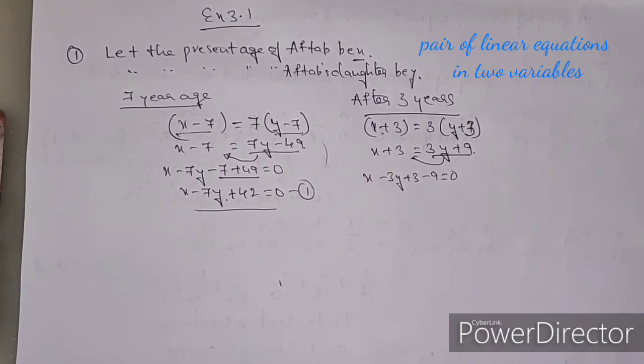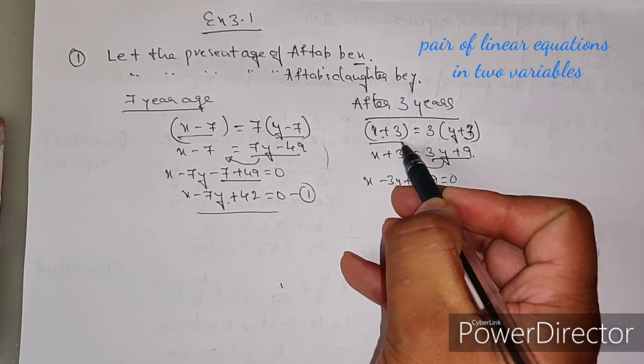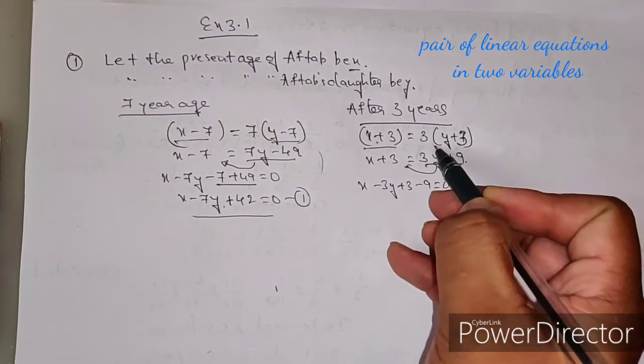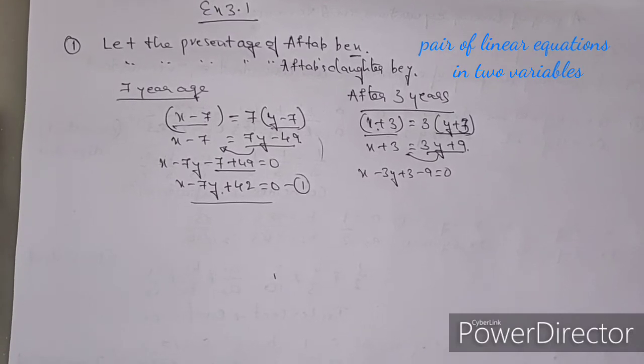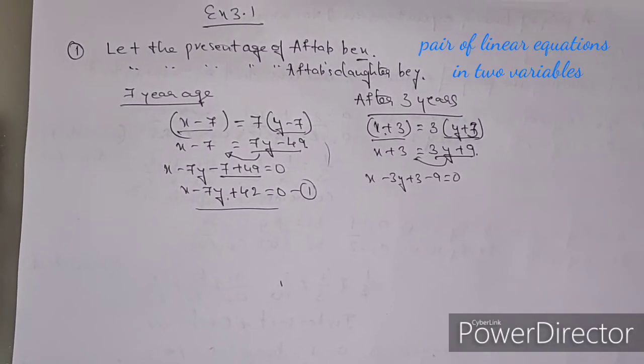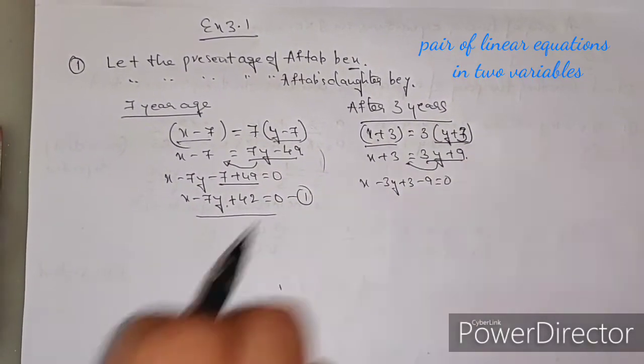After 3 years, the situation is as follows. Aftab will be 3 times the age of the daughter. So after 3 years, definitely if Aftab is 40 today, he will be 43, x plus 3. So 3 times the daughter's age.